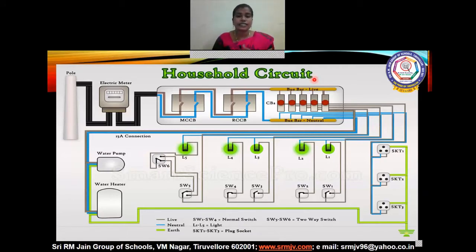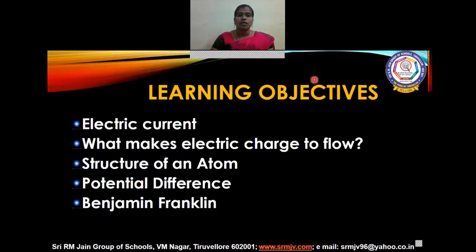Now let us learn about electric current, what makes electric charge to flow, structure of an atom, potential difference, and also a person called Benjamin Franklin. This is the agenda in this video.